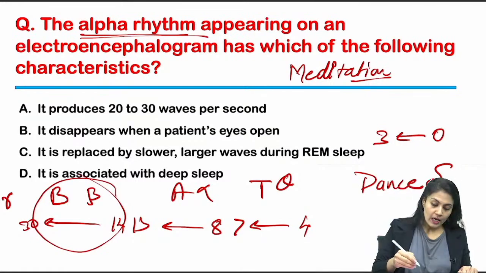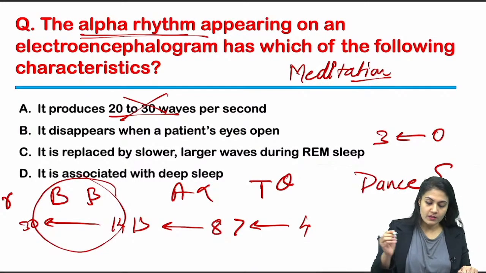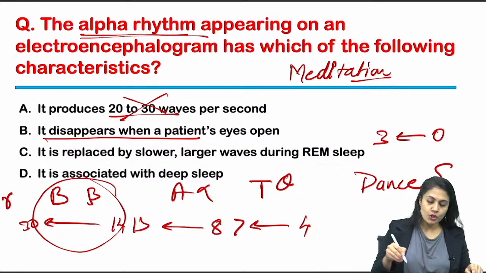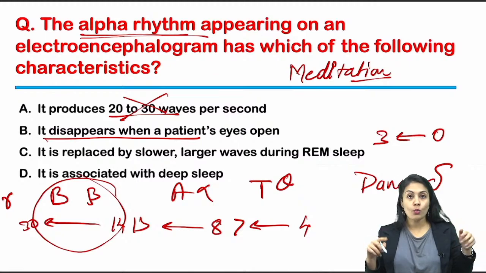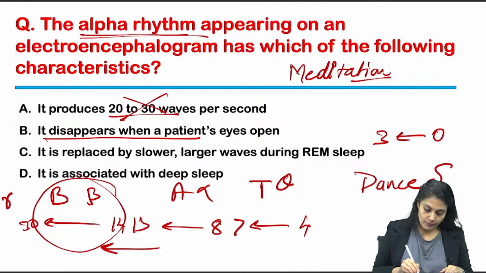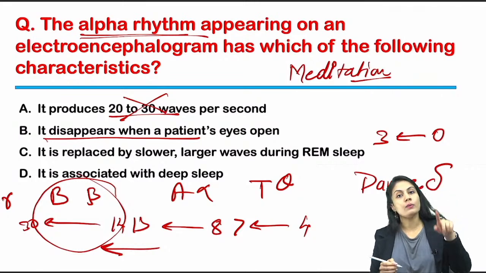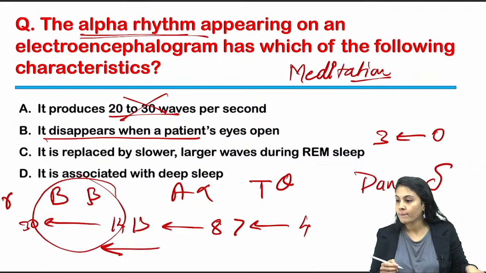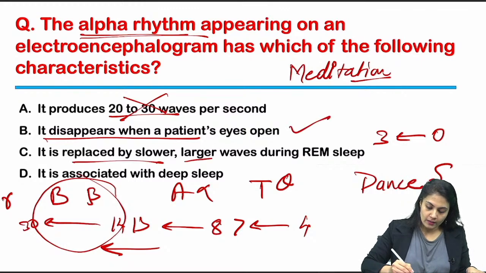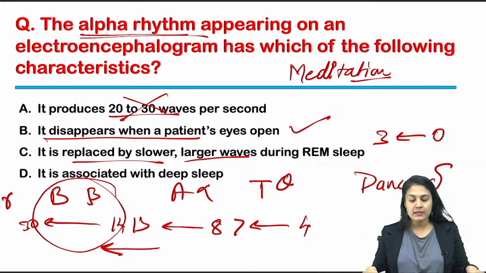So let's see, alpha wave is 20 to 30 waves per second? No, that will be beta. It disappears when the patient's eyes are open. That's true, because visual stimulus causes the frequency of brain activity to increase, and that will create beta waves. Replaced by slower and larger waves during REM sleep?